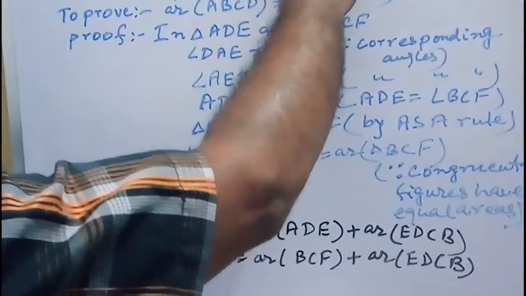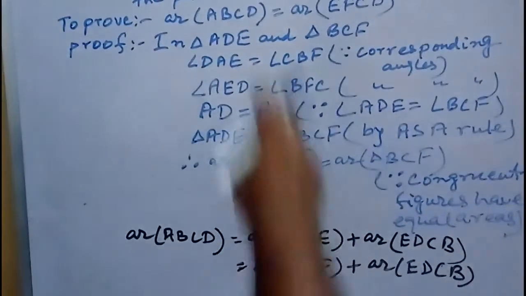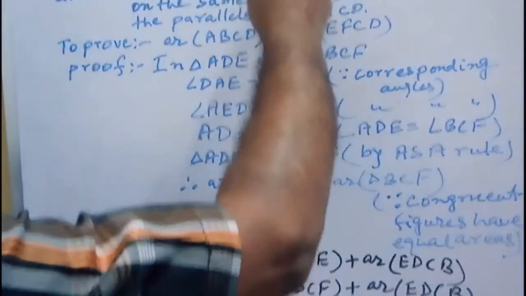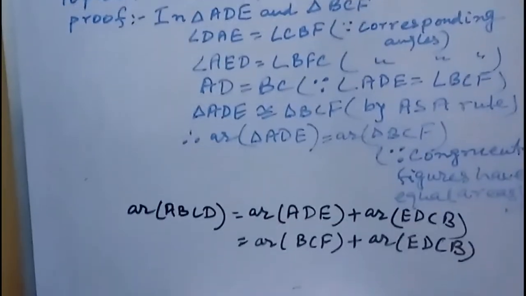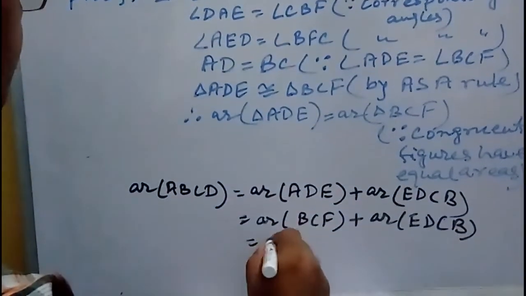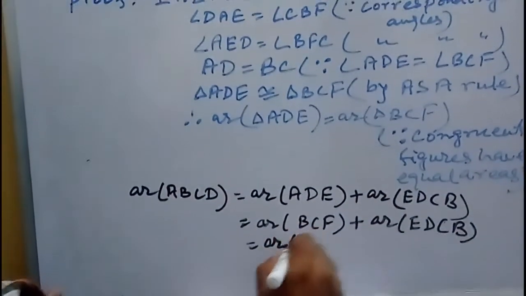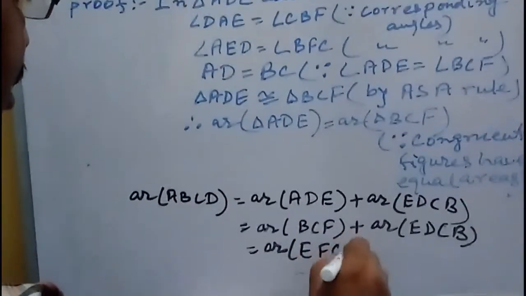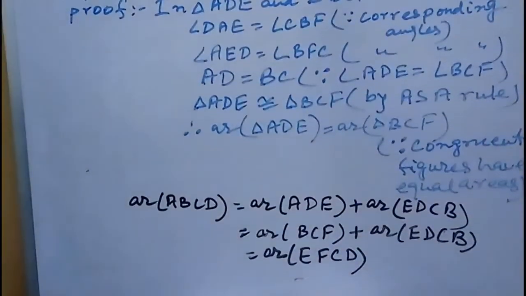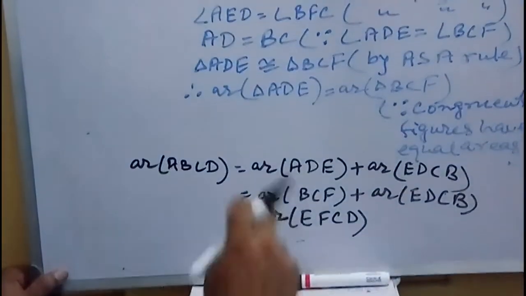Area BCF plus area EDCB, which is equal to area EFCD.